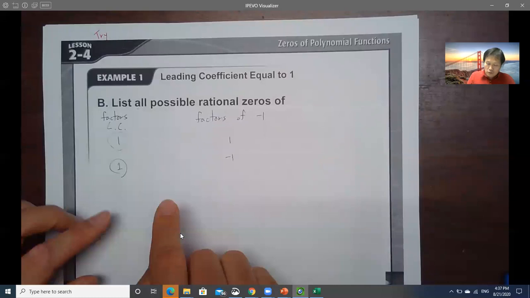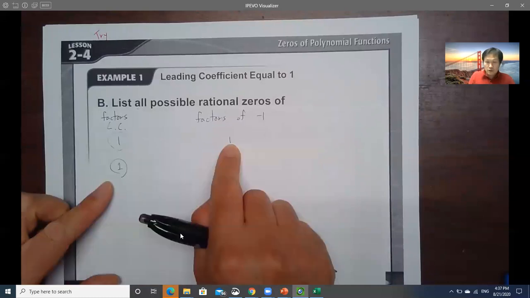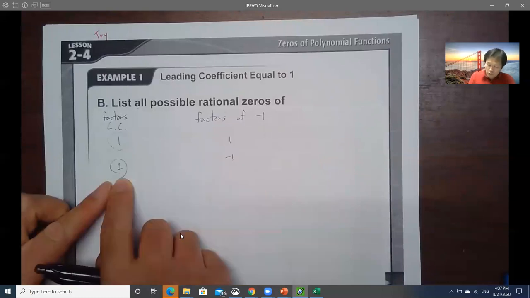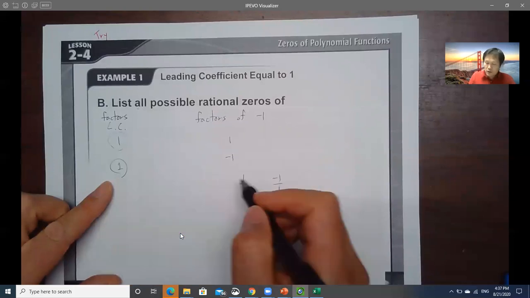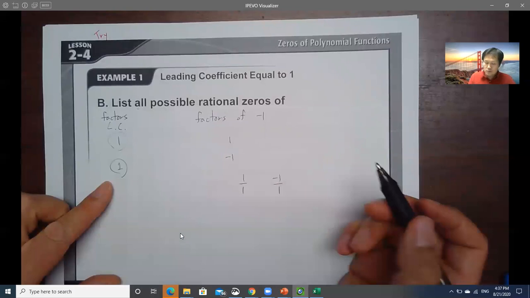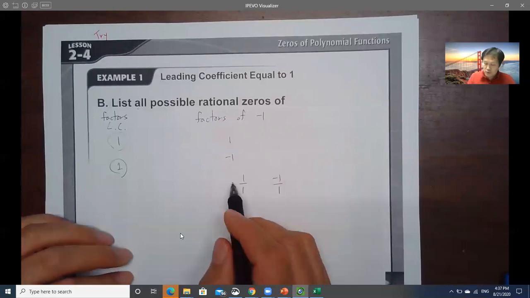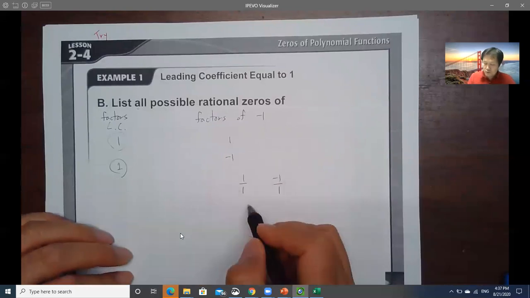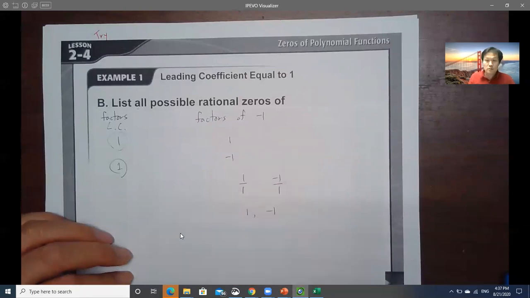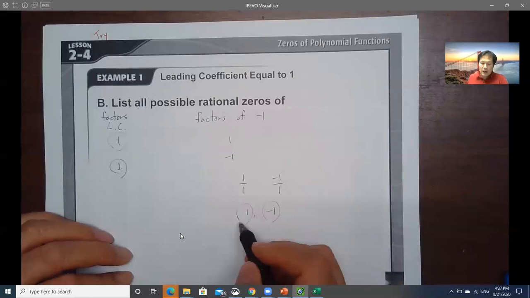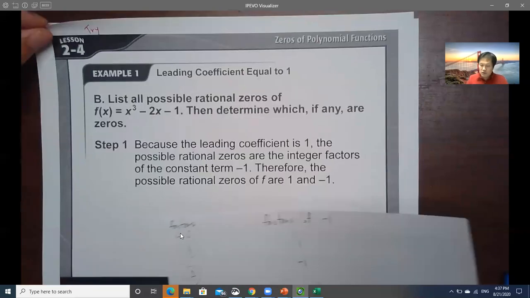Numerator over denominator: you got 1 over 1, you got minus 1 over 1, and I was going to do plus minus, but we already covered the plus minus. 1 and minus 1. So those are all the possible rational zeros.